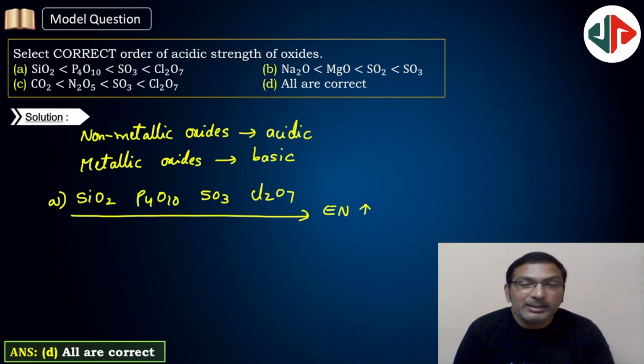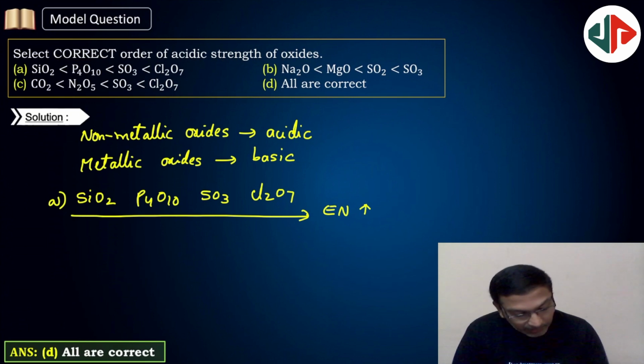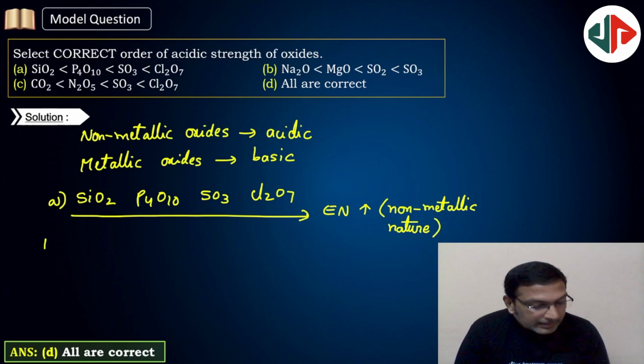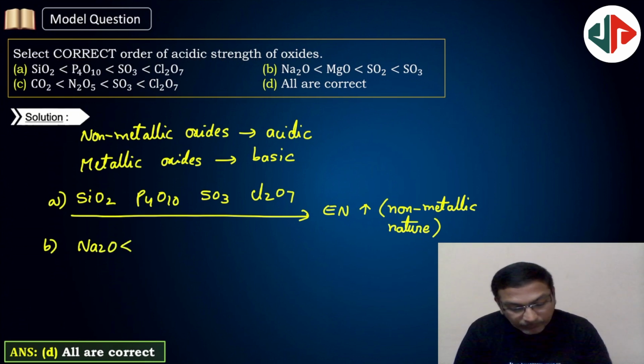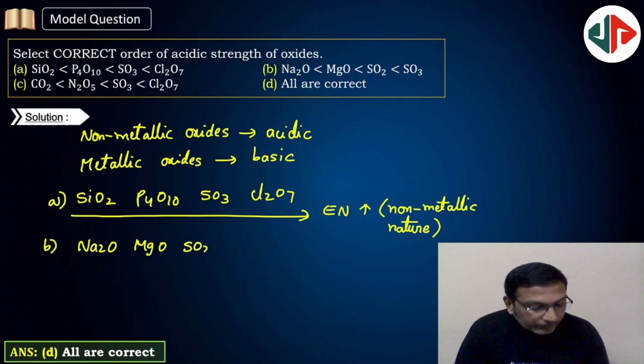Cl is most electronegative, therefore acidic strength increases, or we can say non-metallic nature. Next, option B is also the same: Na2O, MgO, SO2 and SO3.